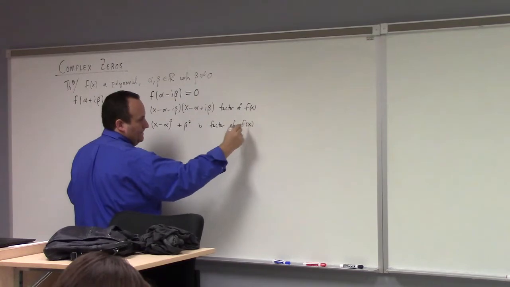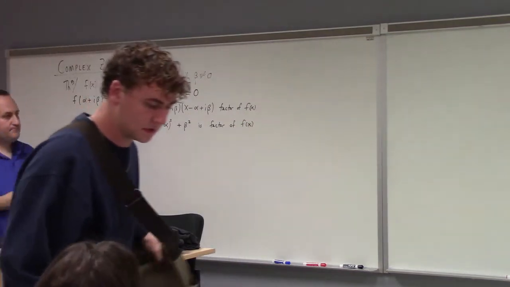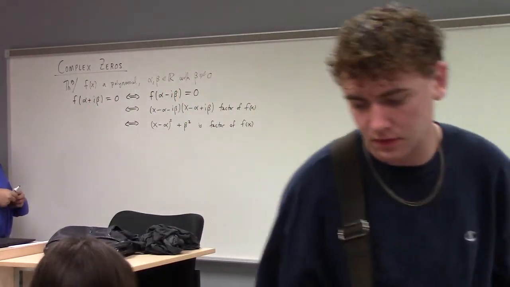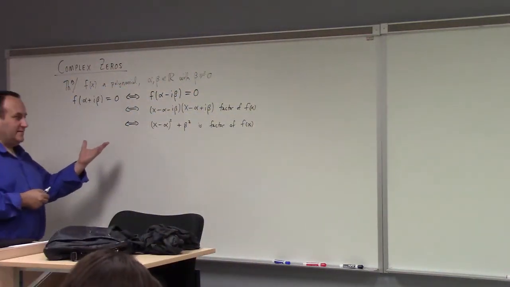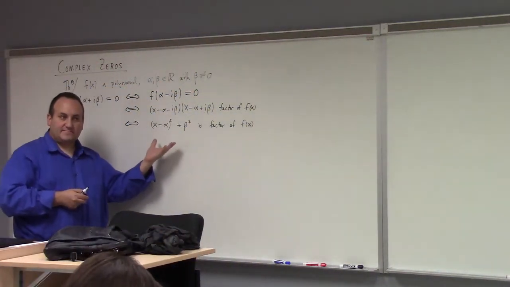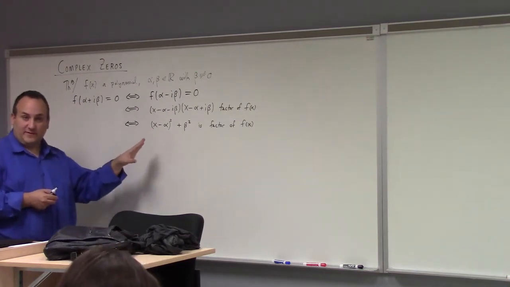So what this means is if you have a complex zero, you get this corresponding prime factor. This is a prime factor, by the way, right?